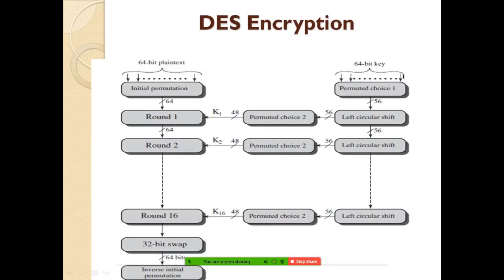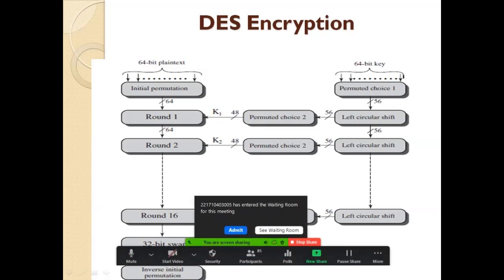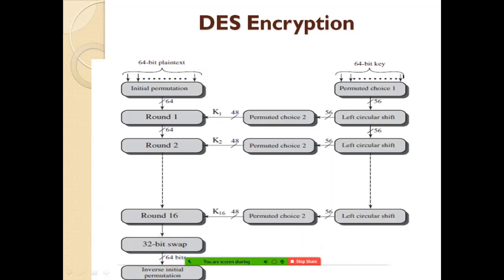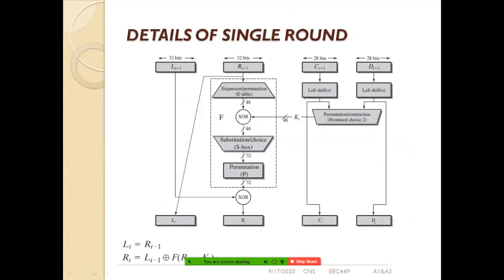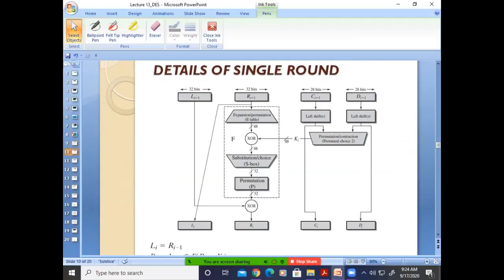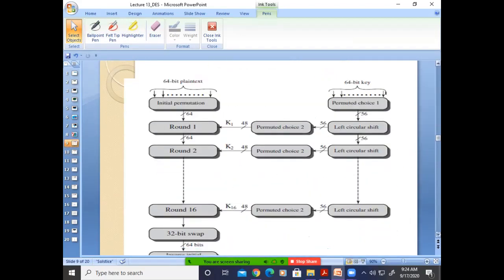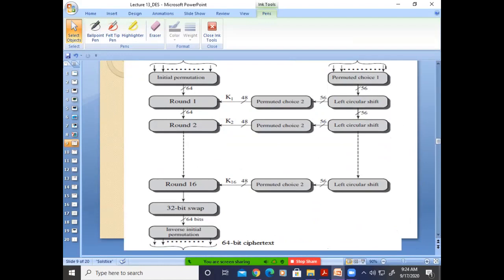After round 16, there is a 32-bit swap, so the left and right halves will be swapped. Then finally, the inverse initial permutation, which provides the 64-bit ciphertext.